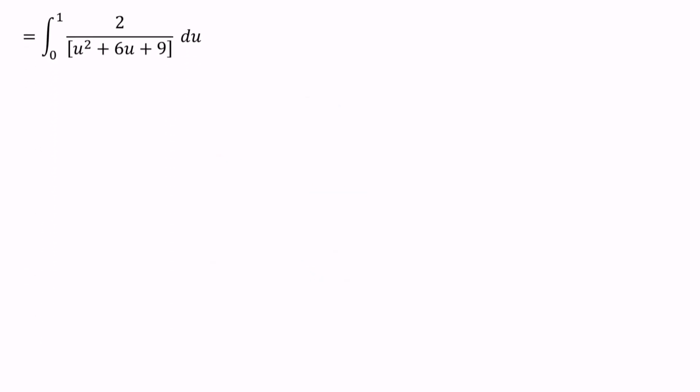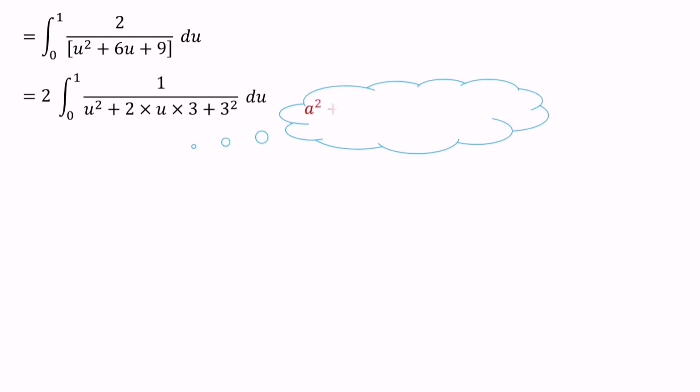Numerator value 2 is a constant, so we can bring this 2 value outside of the integral. Denominator value we can write as u squared plus 2 times u times 3 plus 3 squared. This quadratic polynomial is just like a squared plus 2ab plus b squared.